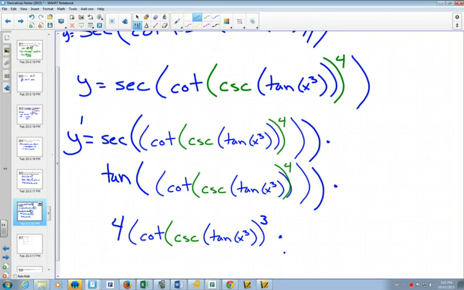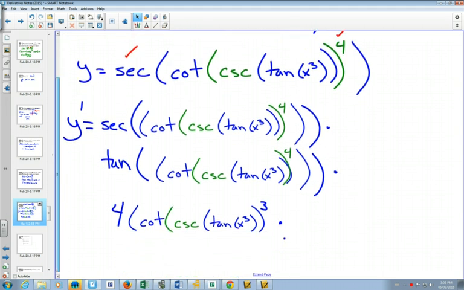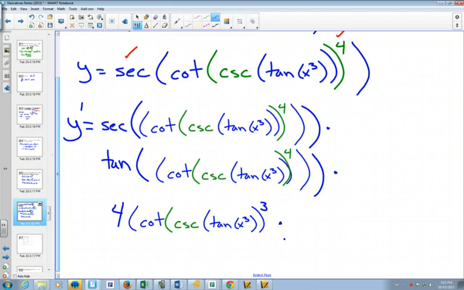So now we've done the secant. And it's almost as if you go back to the original one and you sort of check them off, you won't get as lost as you go along. So we've done the secant. We've done the power of 4. The next one is the cotangent. What is the derivative of cotangent?